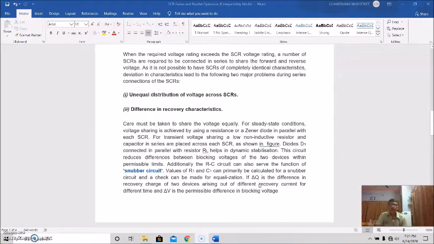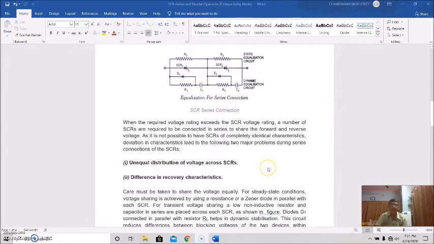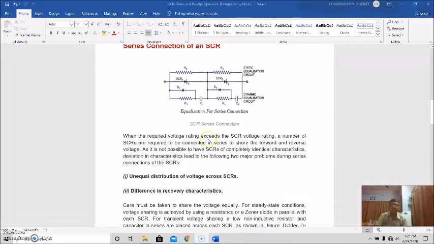So care must be taken to share the voltage equally. For steady state condition, voltage sharing is achieved by using a resistance or a Zener diode in parallel with the SCR. This is the static equalization circuit and this is the dynamic equalization circuit. So, equalization for series connection.